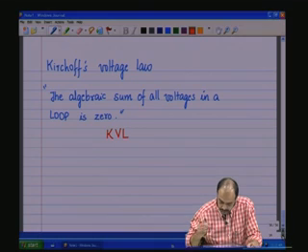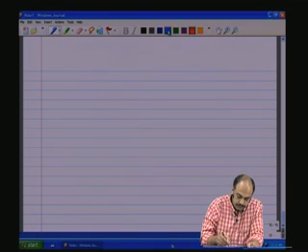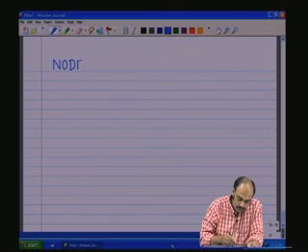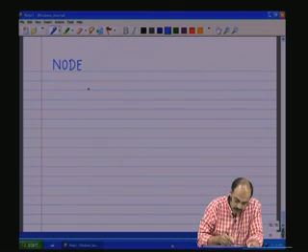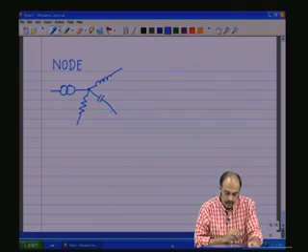Likewise, if you now consider the node, a node which can have few branches connected to it, you could have resistance like that, you could have capacitance, all connected to it.